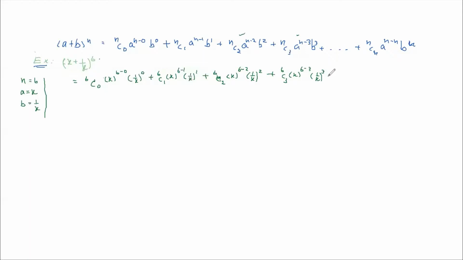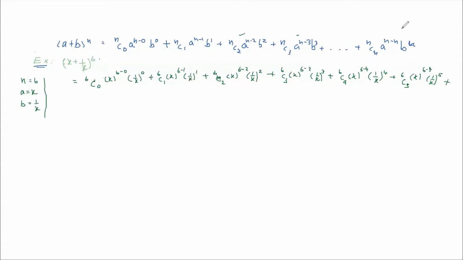Keep plus until the last term of power 6. So plus the next term is 6C4, x power 6 minus 4, and then b is 1 over x power 4, plus 6C5, x power 6 minus 5, and this one is 1 over x power 5, plus the last term.